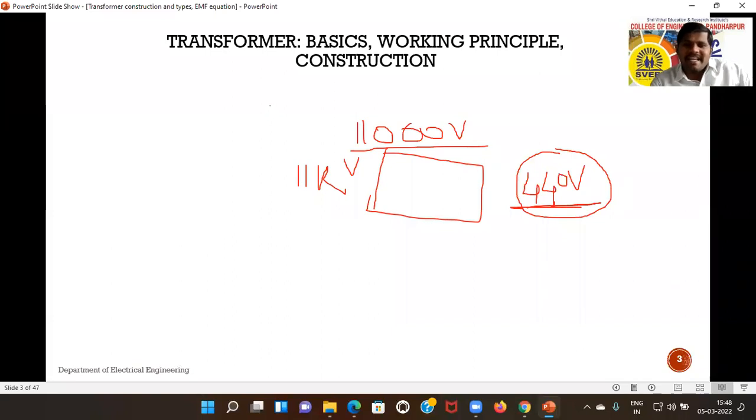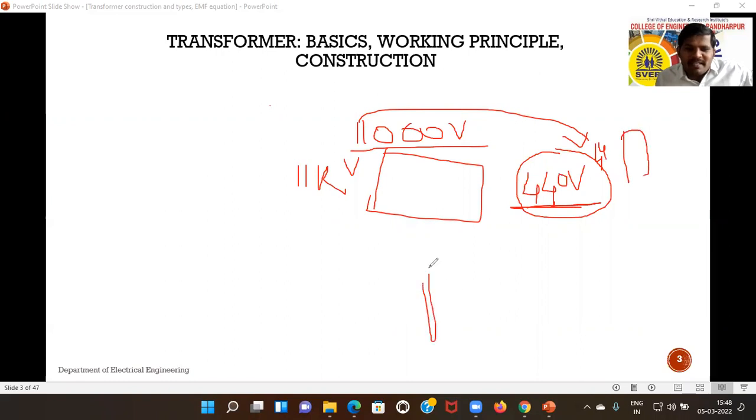That means if voltage decreases, the current will increase, and if the current increases, the voltage will decrease, or if voltage increases, then the current will decrease. So see, in case of step down transformer, it will decrease the voltage from 11,000 volt to 400 volt. In the same proportion, the current increases on the secondary side. That means the power remains the same.